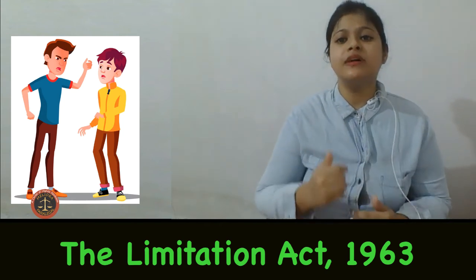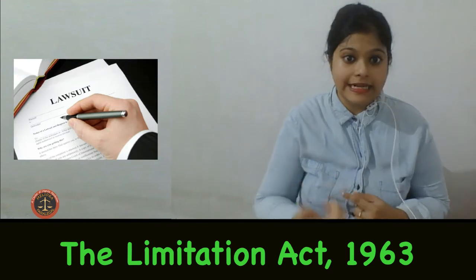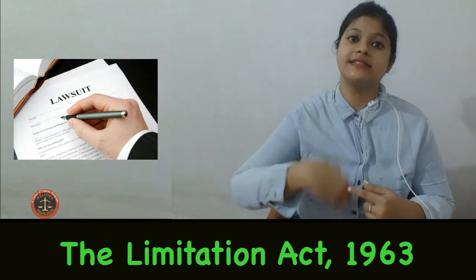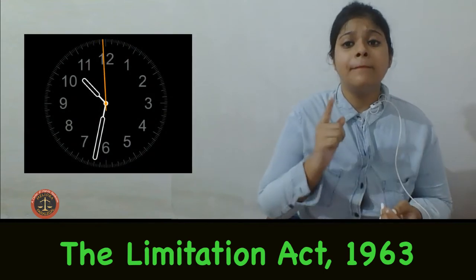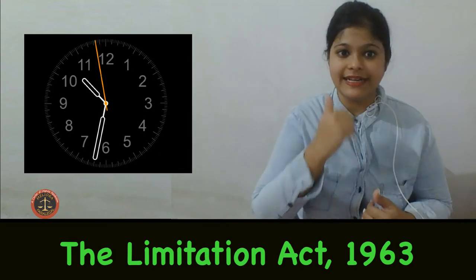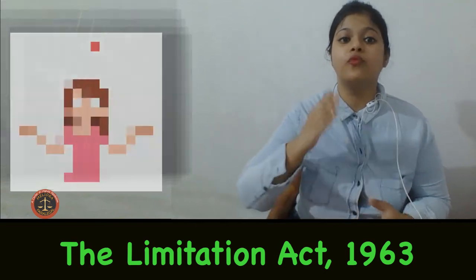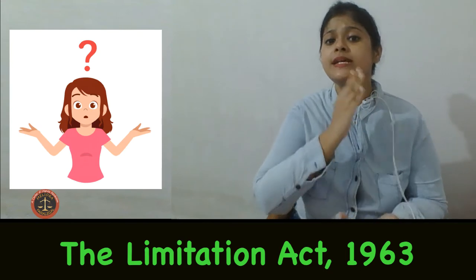Now, as per the contract law, B has the right to seek legal help to restore his right or loss. But as per the Limitation Act, B has to file a lawsuit within 90 days against A. In such a condition, the question is from which date the calculation will start.